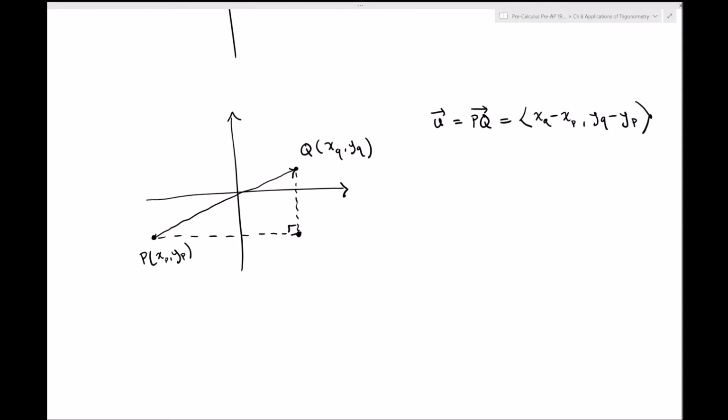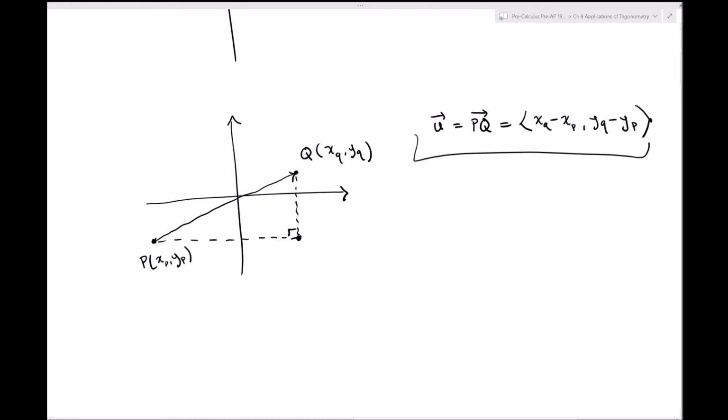So you need a specific order, and the terminal point where it ended up would be the number you start with, and then subtract the number in the initial point. So there's our definition for how to actually create a vector given 2 points ordered. So it starts at this point P, ends up at this point Q, and that's how we determine what the two components are for that vector, the x component and the y component.